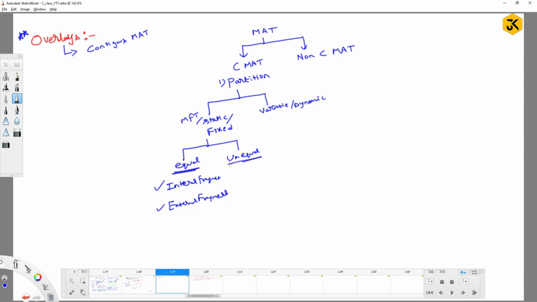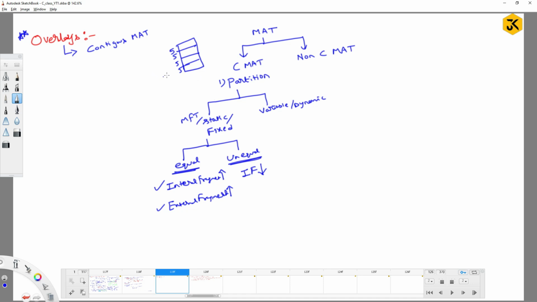Coming to unequal partitioning of fixed size, internal fragmentation is going to decrease. Is it true? Yes. There might be some situations where the process might fit. Compared to having all the partitions with size 5, 5, 5, where we definitely get more internal fragmentation, and as it is more, external fragmentation is going to be more.